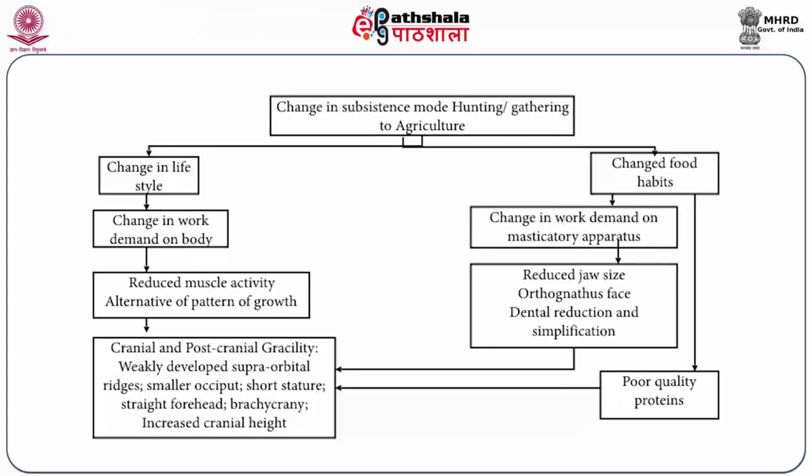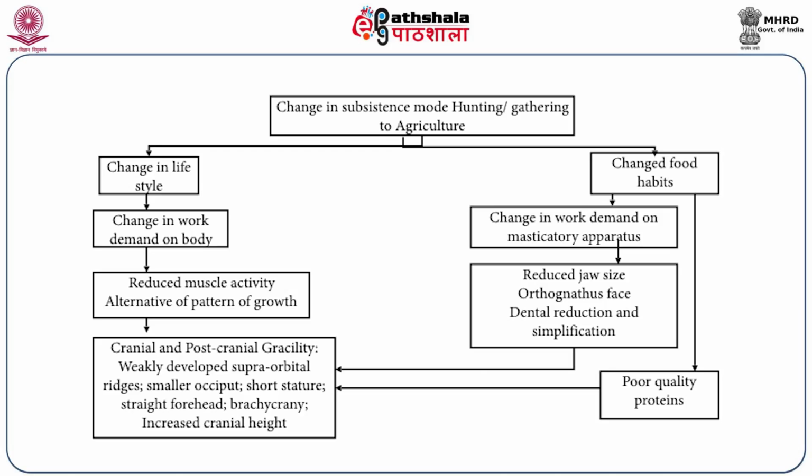So we see changes in the subsistence mode from hunting gathering to agriculture affecting the various facets of life. What happens here is that generally there is a change in lifestyle. Similarly, there is change in food habits, then change in work demand on the body, and also reduced muscle activity, and an alternate pattern of growth is seen because of the change in lifestyle.